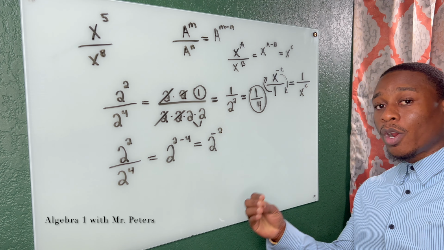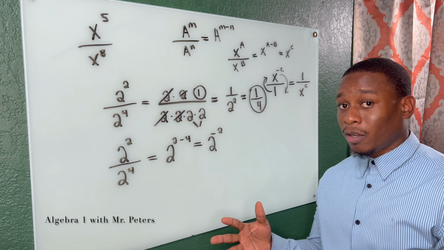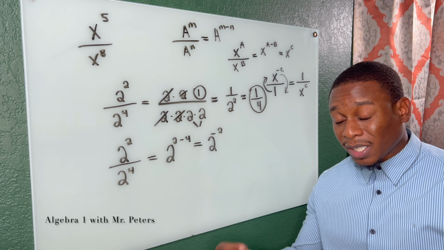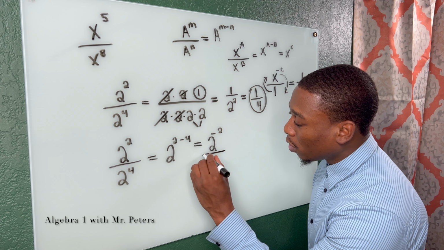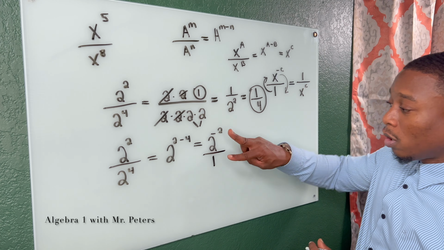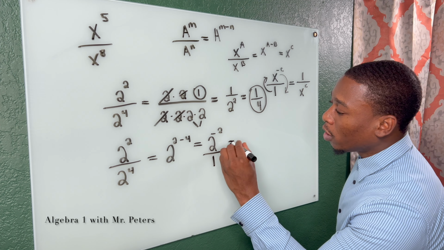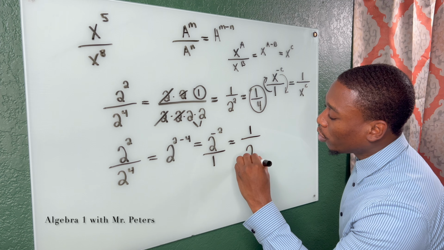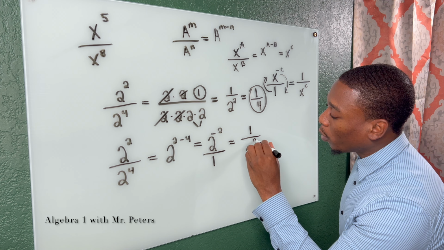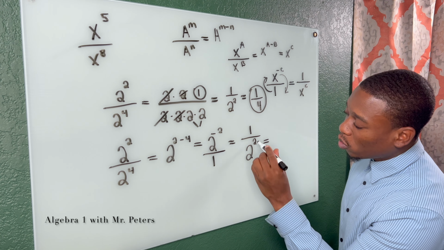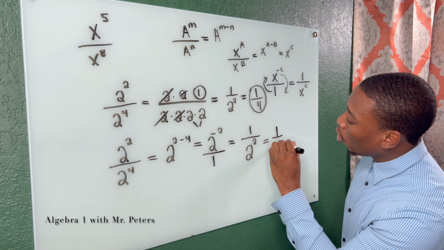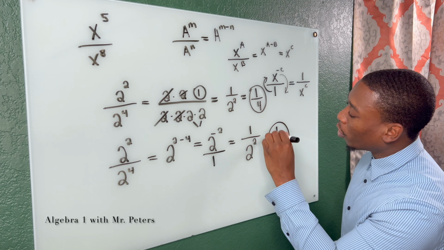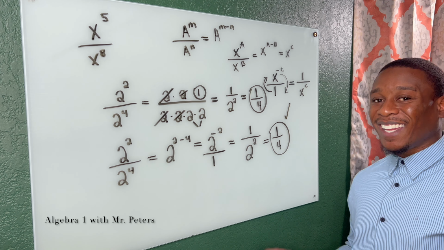Now at this step, we know we cannot have a negative exponent, so Mr. Peters is going to make this into a fraction. I take the reciprocal, so now I have 1 over 2, and our power becomes positive, and once we simplify one more time, we have 1 over 4 as a final answer.